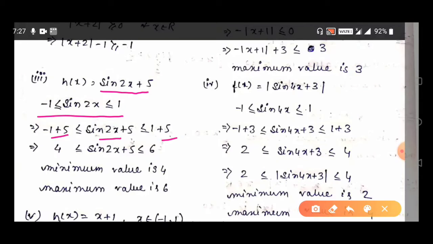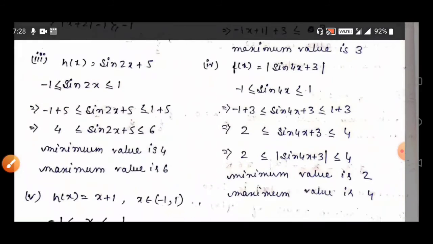So the value of the given function can be greater than or equal to 4, cannot be less than 4. So the minimum value is 4, and the value of the given function h(x) will be less than or equal to 6, cannot be greater than 6. So the maximum value will be 6.